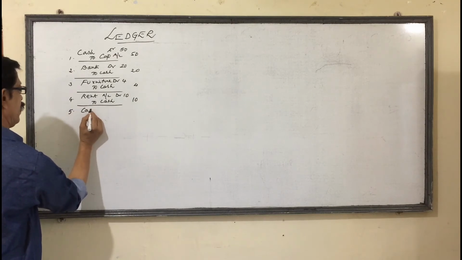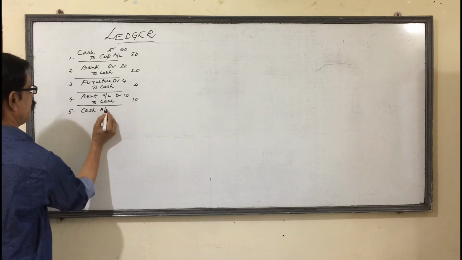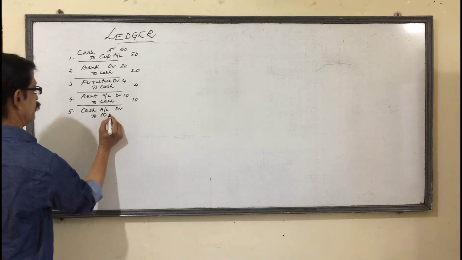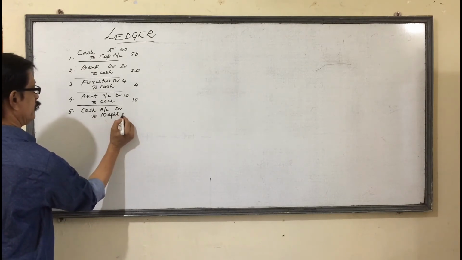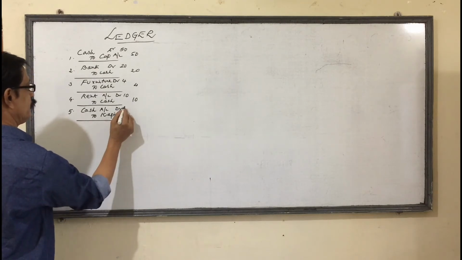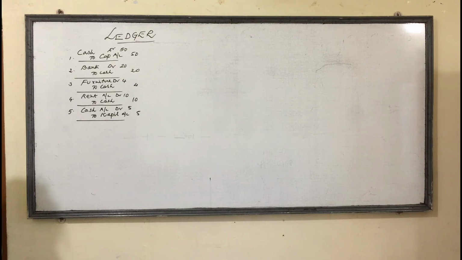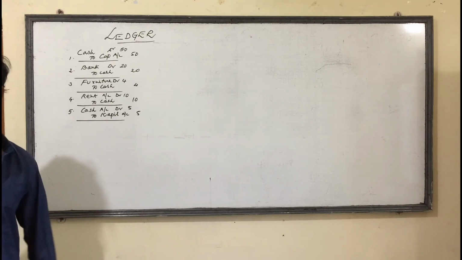Cash account debit to capital account. Well, we have these 5 journal entries.